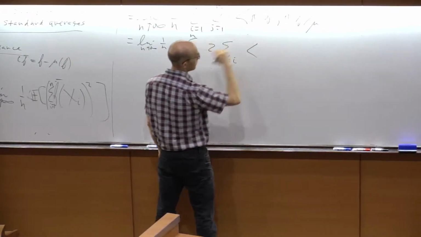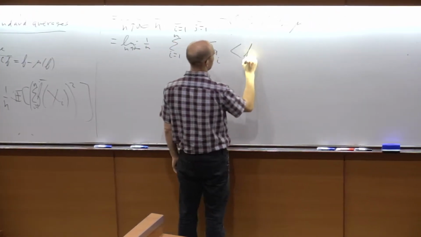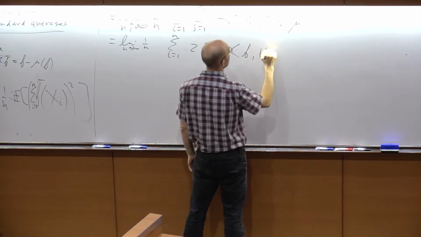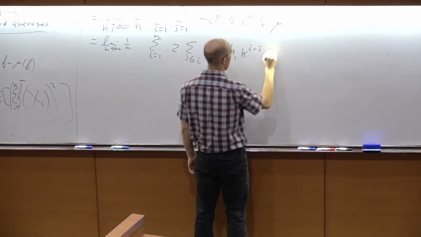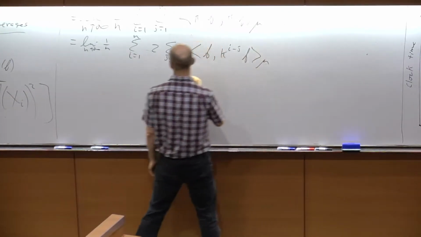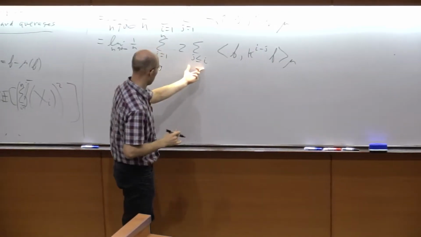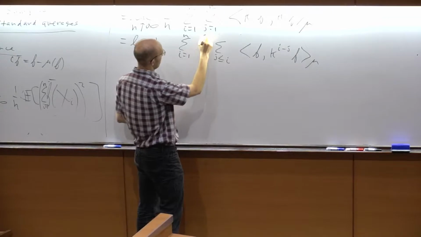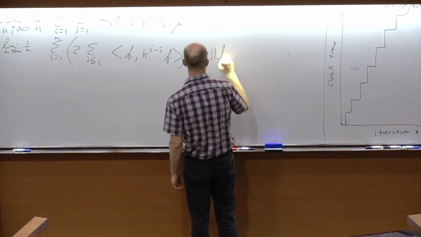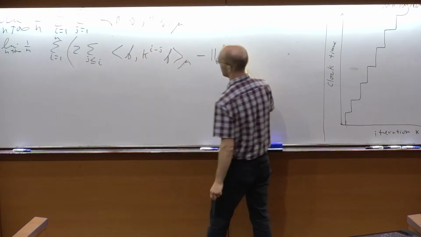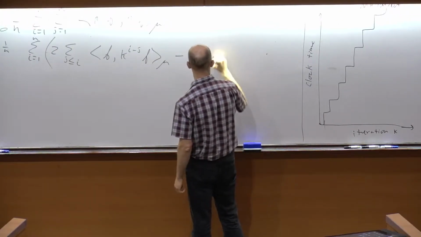And then I'm going to basically bring everything over here. And since we have to subtract off the diagonal, when i equals j, that's the only term that I need to subtract off.